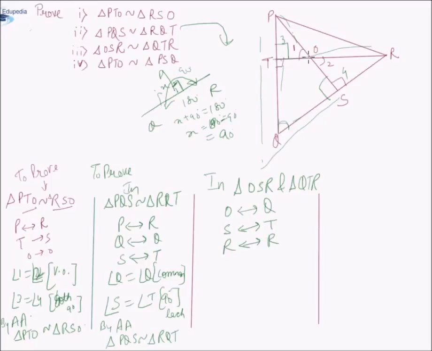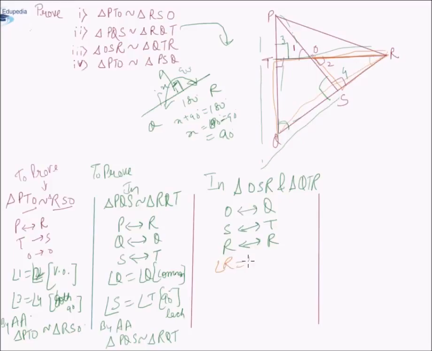OSR is this triangle, and QTR is this bigger triangle. So in the smaller OSR and the giant QTR, if we look clearly, R is common to both.